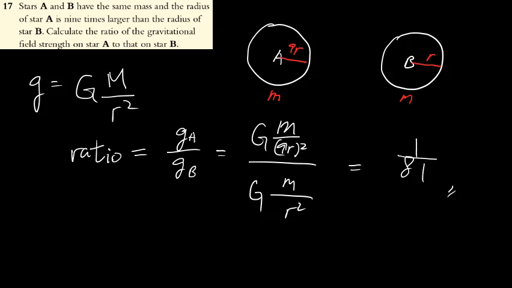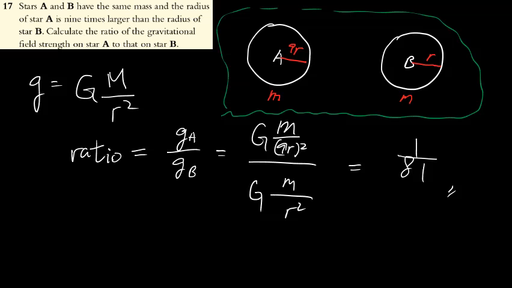Usually my practice, which I like to recommend to you, is to try to draw the diagram over here. So draw a diagram and put down the information given by the question. For this one, the ratio of gravitational field strength. So don't get this question wrong. This is talking about when you are on the surface. So let's say there's a person on the surface and the same person on the surface as well.